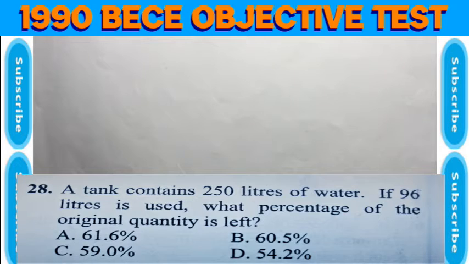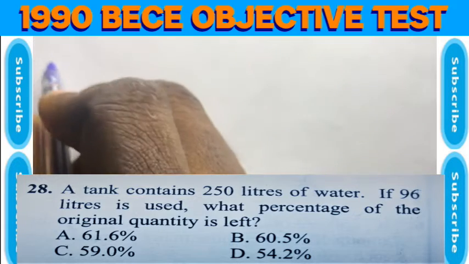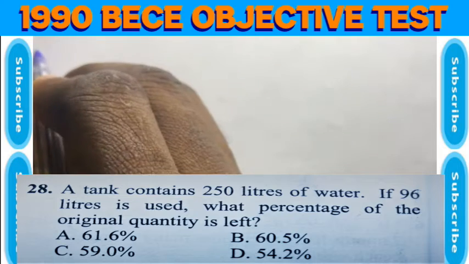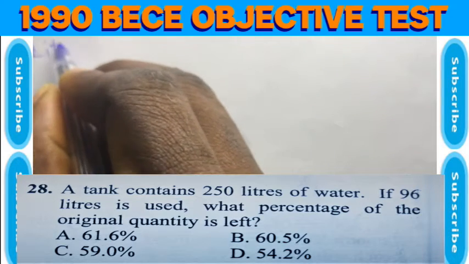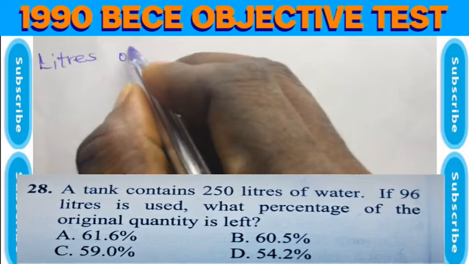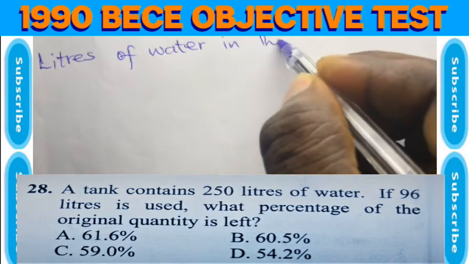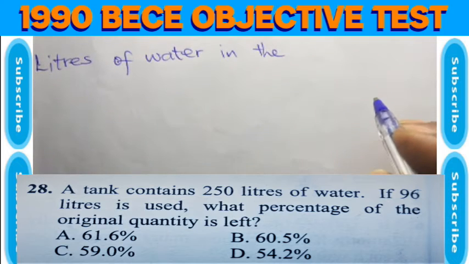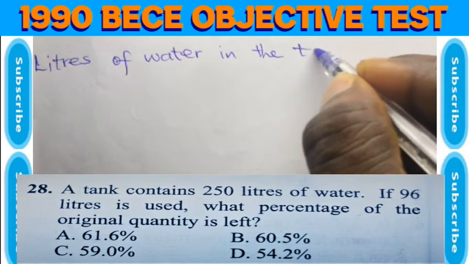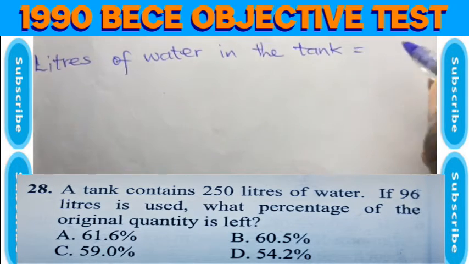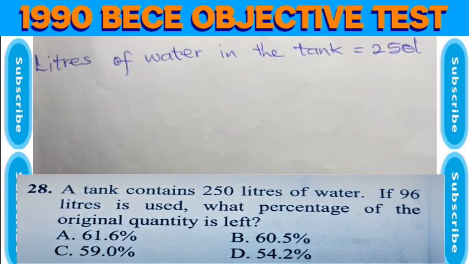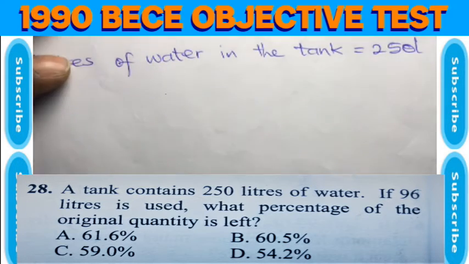So let's write certain things down. Liters of water in a tank is equal to 250 liters.